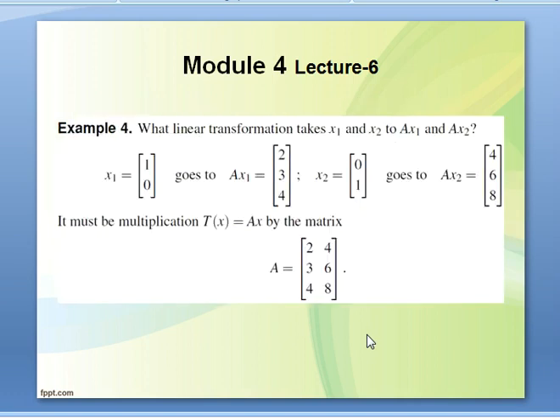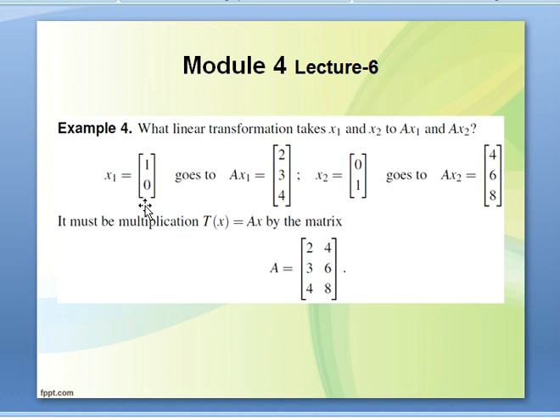What is a linear transformation? The question is: what linear transformation takes x1 and x2 to Ax1 and Ax2? So what linear transformation takes x1, which is (1, 0), to Ax1 and x2 to Ax2?